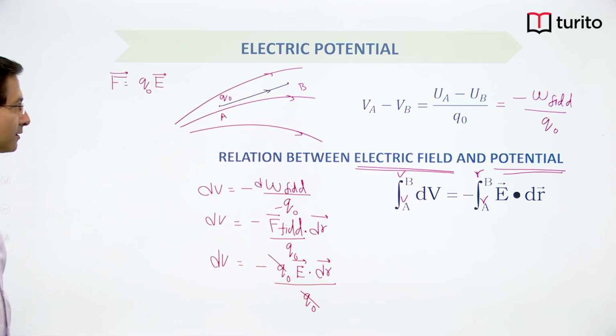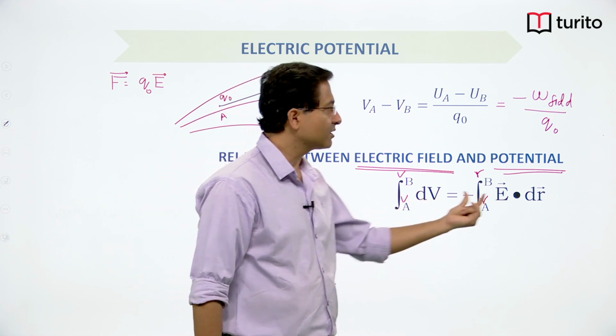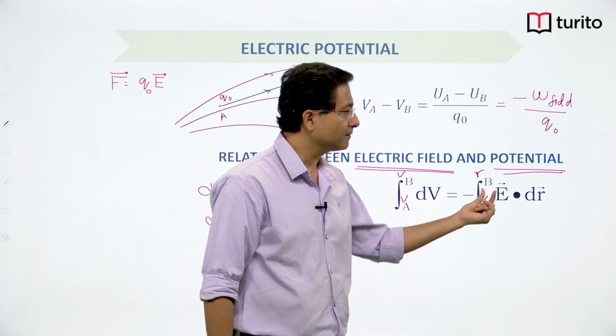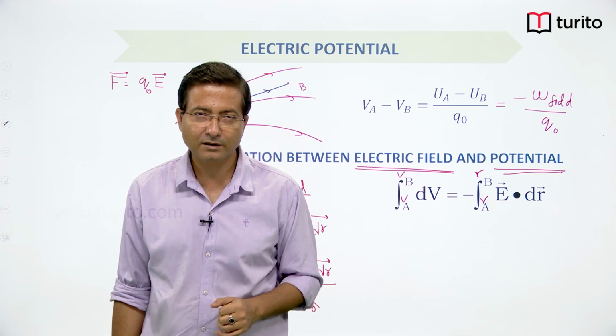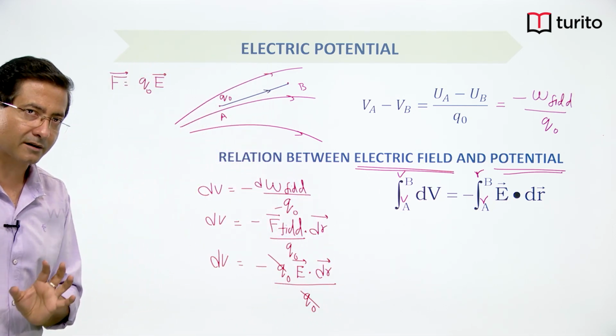It can be written this way. So, I hope this relation is clear, relation between potential and E. Meaning of this relation we will understand later, right. So, dV is equal to minus E dot dr.